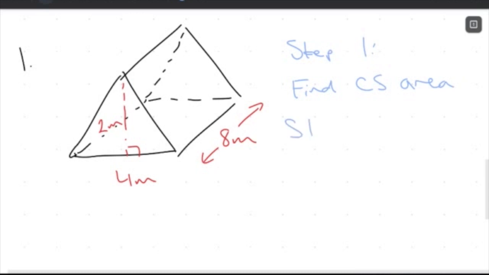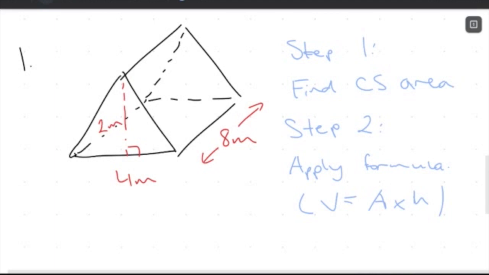And then for my second step, we just want to apply the formula that we looked at before. So we want to find the volume by timesing my cross-sectional area by the height. And we're going to do that for the majority of these questions.